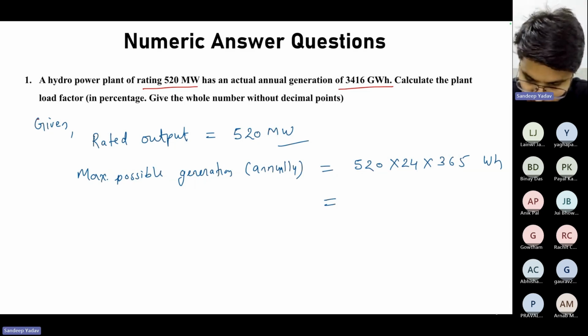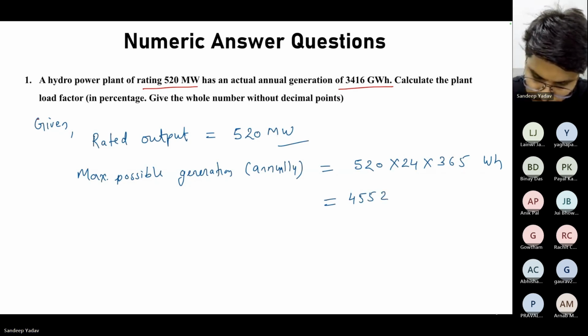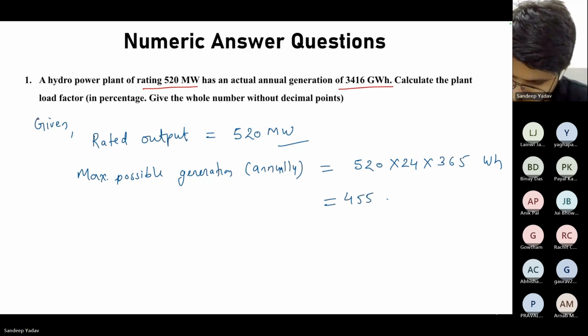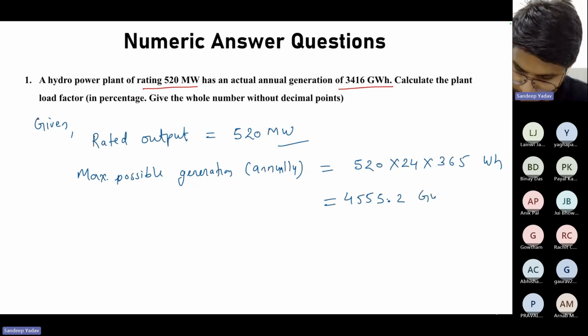What will be that unit? Even if you calculate, 520 into 24 into 365, that briefly comes to about 4,555,200 megawatt hour, but we want a higher unit, that's gigawatt hour.